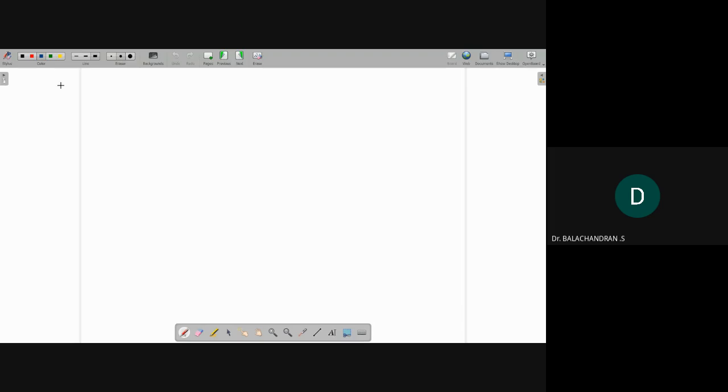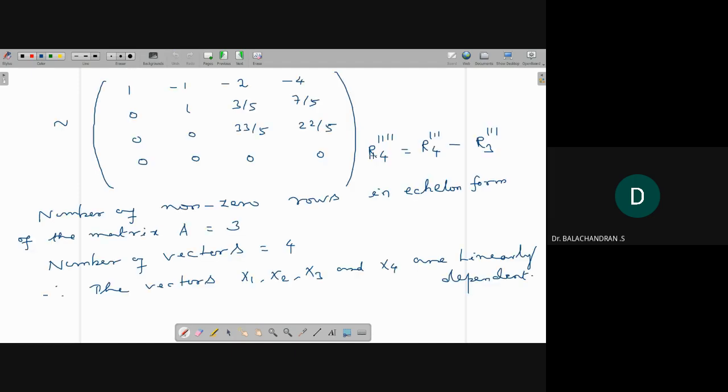from the last step, we know that R4 4 dash is equal to 0. This is 0, but you can write it as R4 triple dash minus R3 triple dash.